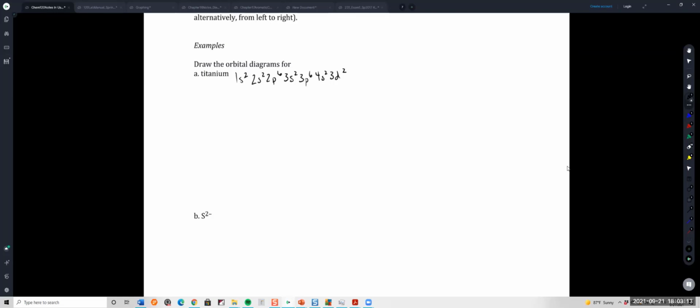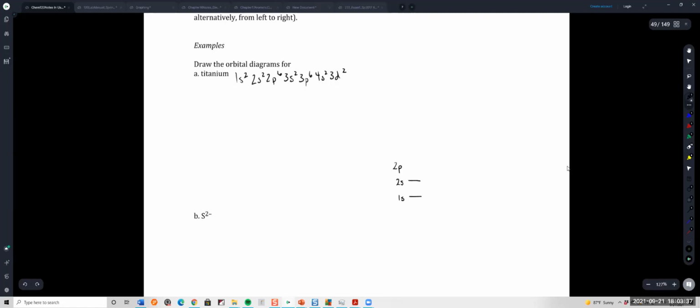So I'm going to have 1s. 1s has how many lines always? 1. 1s always has one orbital. 2s, 1, 2p.